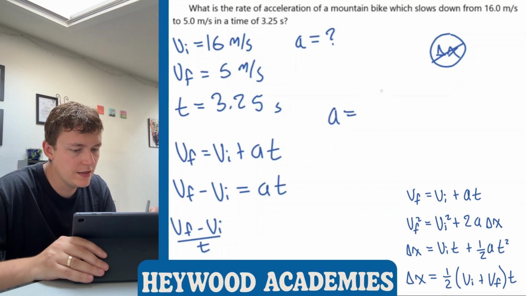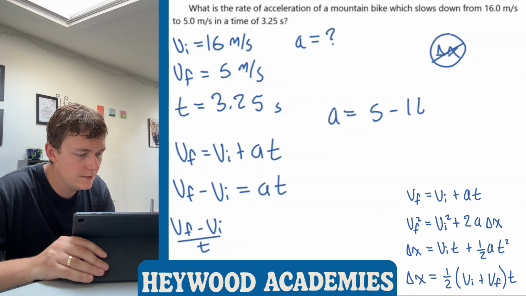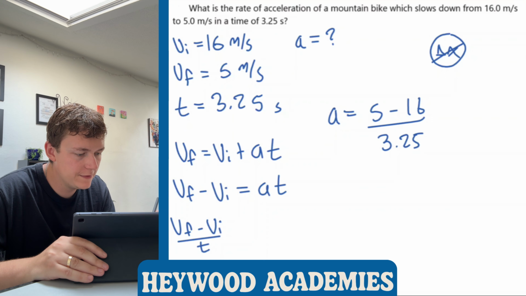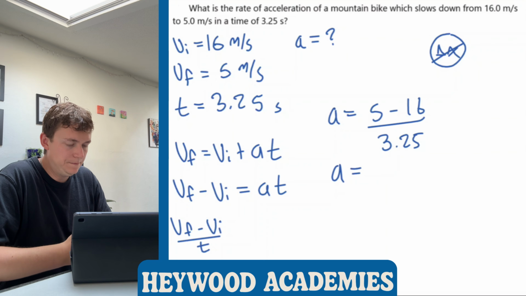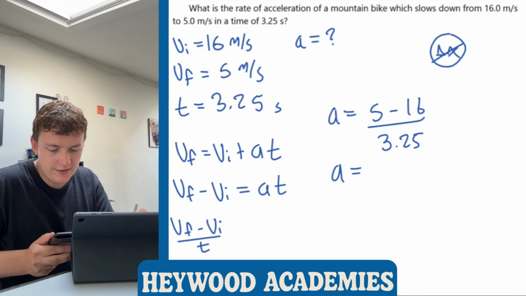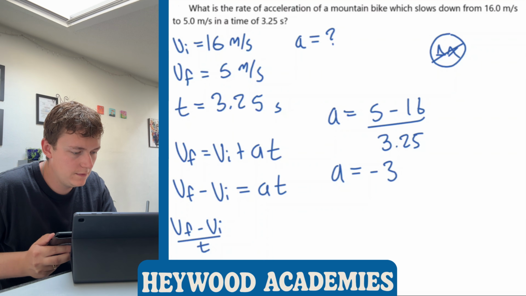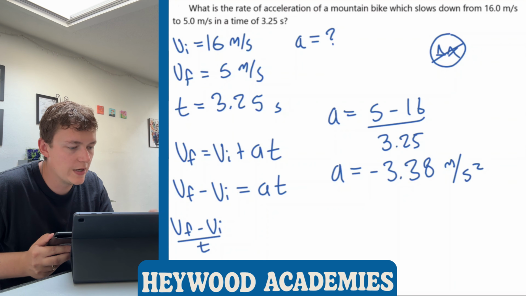So our acceleration is going to equal final minus initial, so 5 minus 16 over 3.25. Okay, we'll plug that in. Minus 3.38 meters per second squared.